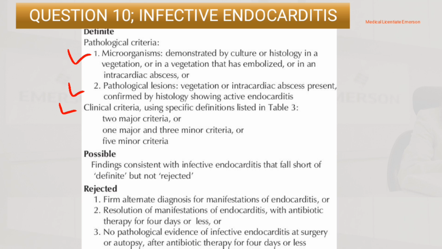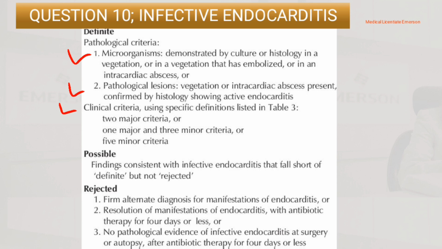So if you get two major criteria, meaning the blood culture is positive two times at different intervals, two hours apart, and you get endocardial involvement from echo, that is a clinical criteria, that's a definitive diagnosis. Or if you get one major and three minor criteria, so you get one major, either the B or the E from the mnemonic, then from the FEVER, if you get three of those minor criteria, then you have made the clinical diagnosis.